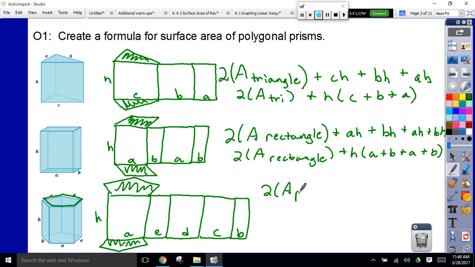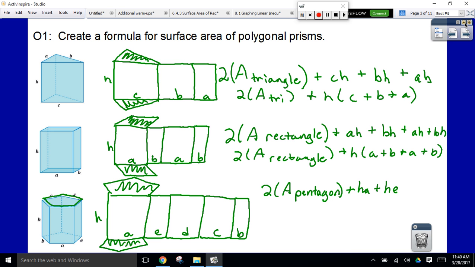I'm just going to write area of the pentagon, plus we're going to have the area of the first shape, which is HA, the area of the second shape, which is HE, plus HD, plus HC, plus HB. Again, what do we have in common for all of those?